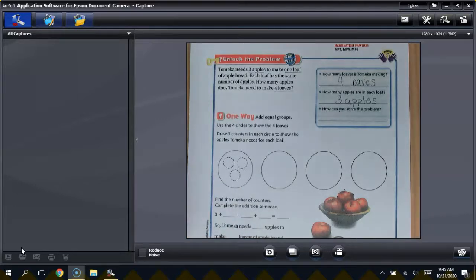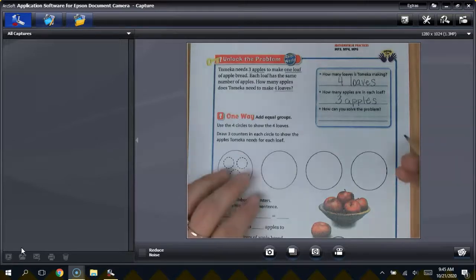Then it says, how are you going to solve the problem? There are different ways you can solve this problem. You can draw a picture, you can use a number line or a 100s board, and you can skip count by 3s 4 times. That's what I'm going to write.